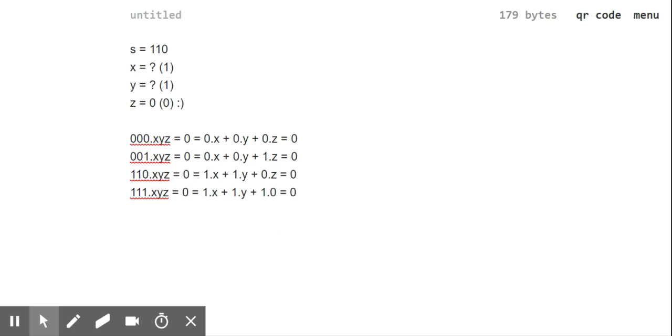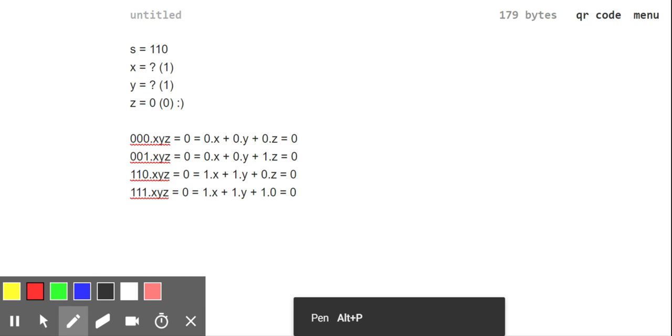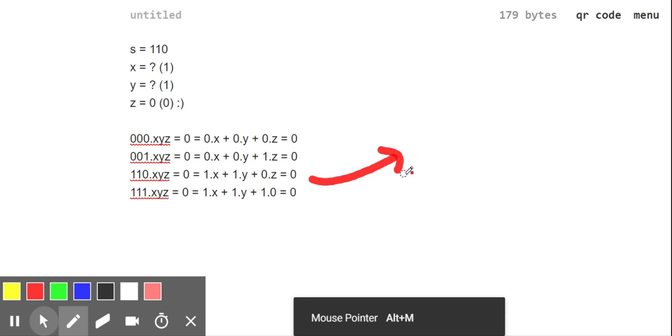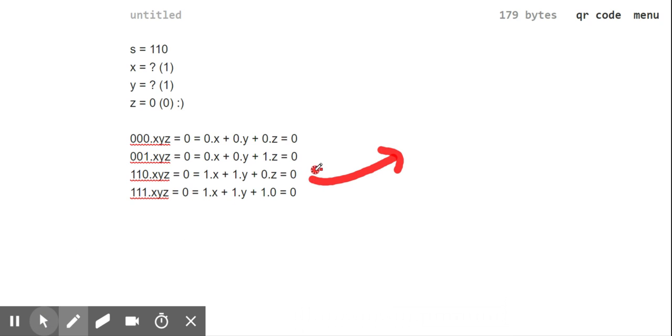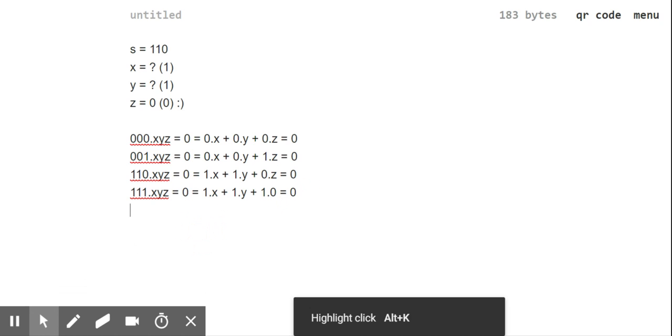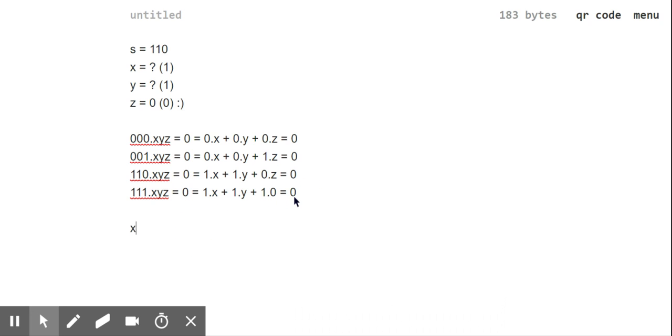Basically, how does it look if I use this here? It's so big. Yeah, okay, that's probably not the best idea when I'm zoomed in. Anyway, what those two things tell us is that x plus y must equal 0.